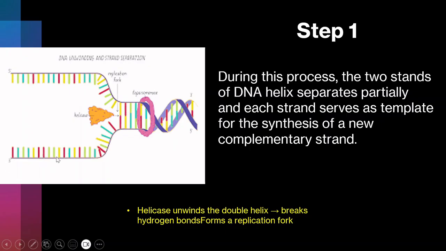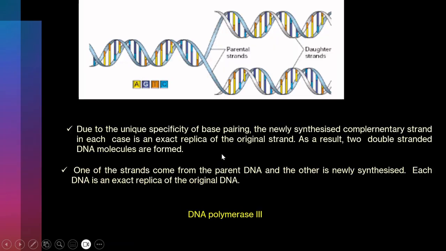The enzyme which unwinds the DNA strand is called helicase. It breaks the hydrogen bonds between the base pairs and forms a replication fork in this manner.